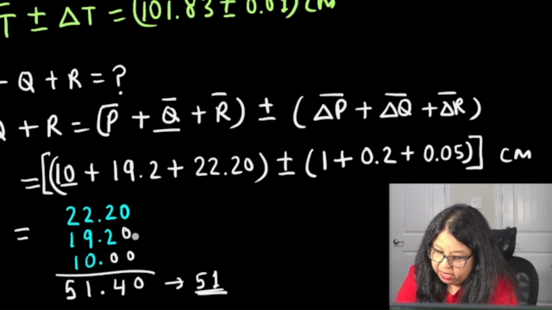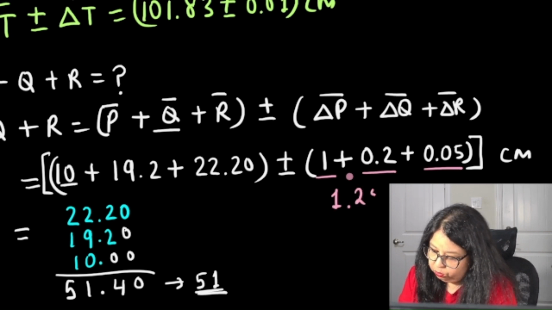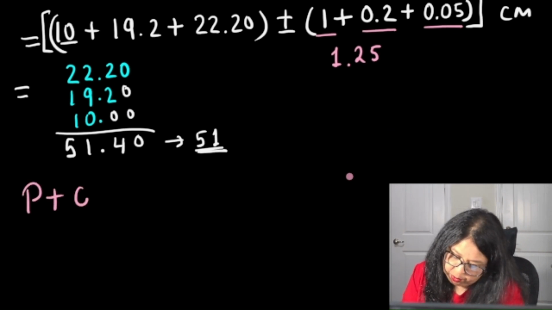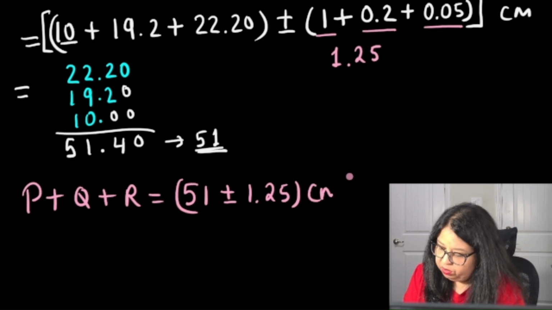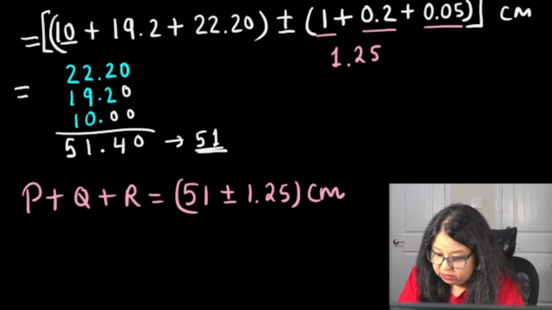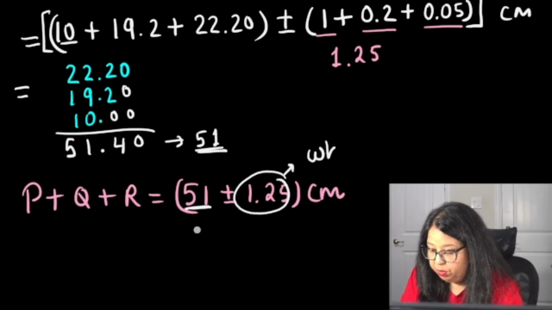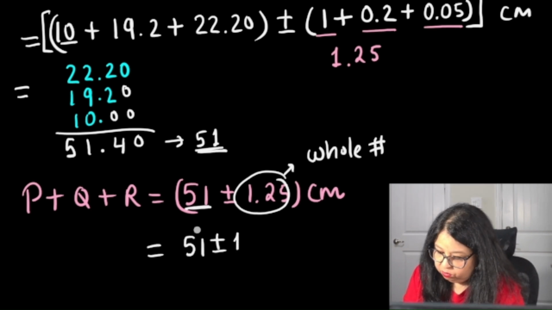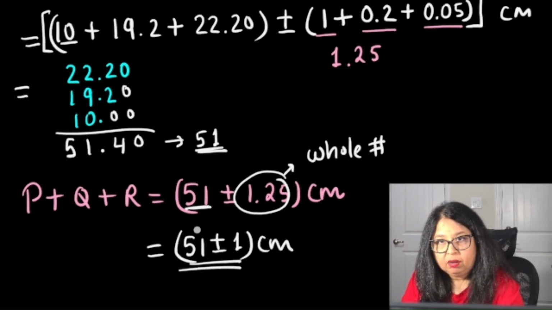Now, while adding the uncertainties, what do we get? 1.25. So our answer for P plus Q plus R is 51 plus minus 1.25 centimeters. Since this 51 is a whole number, the uncertainty must be a whole number as well. That means our answer will be 51 plus minus 1 centimeter for P plus Q plus R.